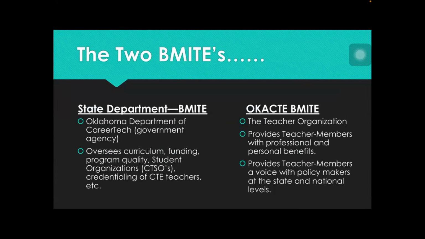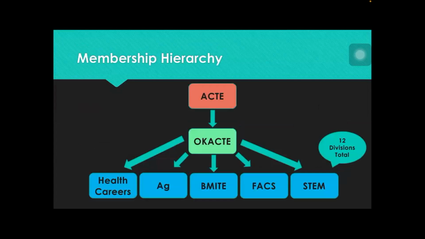The other BMITE is the teacher organization that's a branch of Oklahoma Association of Career and Technical Educators, which is the state level division of the National Organization, Association of Career and Technical Educators. We provide our teacher members with professional and personal benefits, and we also give you a voice with state policymakers and with national policymakers as well.